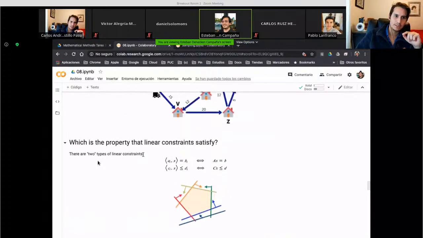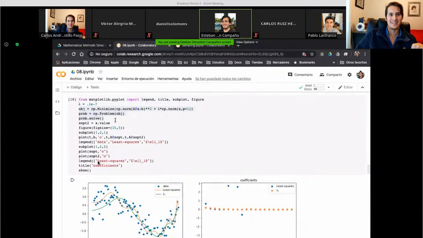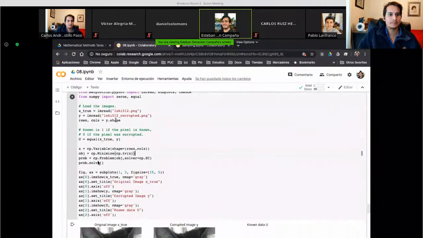So previously we didn't have constraints, so you will not find it in there. But try to see in the help of the functions and see where to add the constraints.